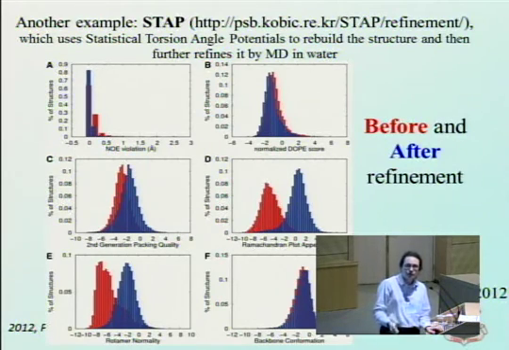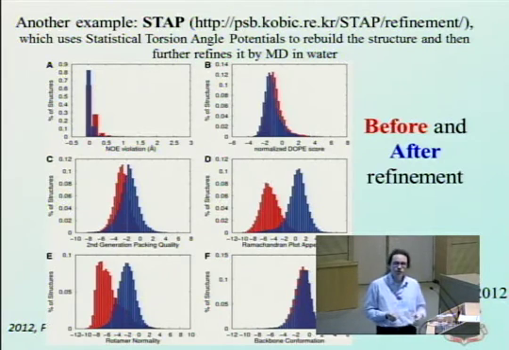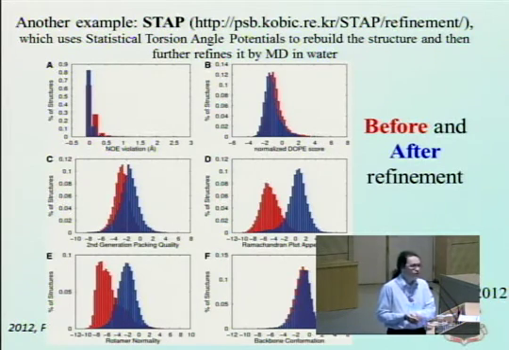So this is just to say that the structures you obtain plainly from the NMR structure calculation are typically energetically not optimized because of the simplifications in the force field.